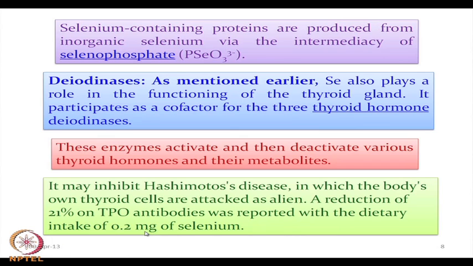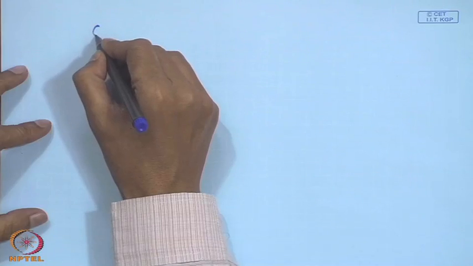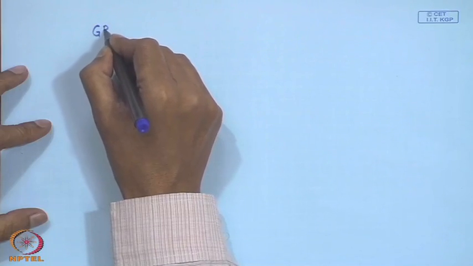The presence of selenium is very important for the non-biological part as well as the biological part. The first and foremost selenoenzyme which has been identified is glutathione peroxidase.